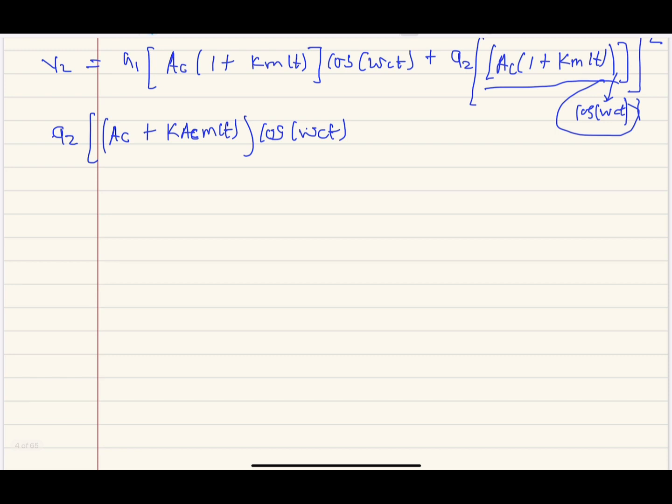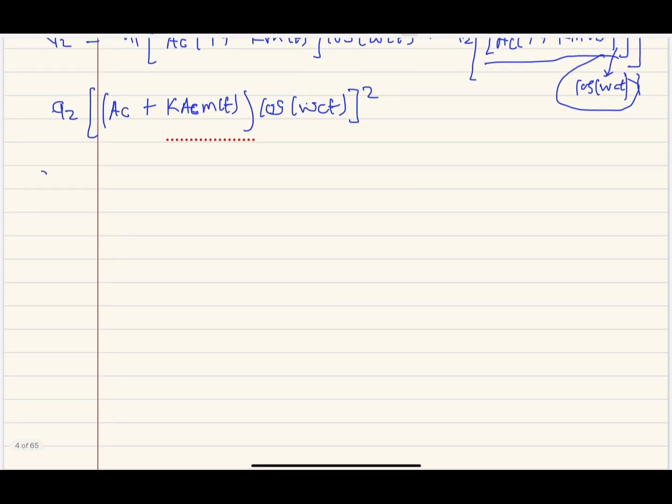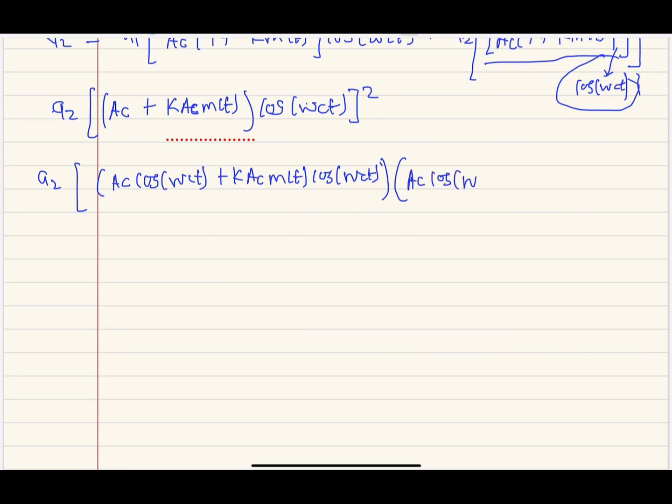In doing this, we can further simplify the square as A2 into bracket AC cos omega ct plus K AC M of t cos omega ct, multiplied by AC cos omega ct plus K AC M of t cos omega ct.